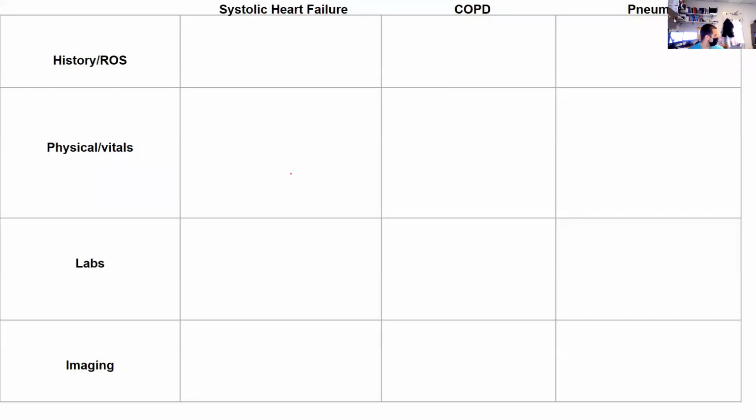What kind of things can be helpful? And this can go back to stuff you learned in cough and sputum production and fever. Perfect. So we got a good amount.